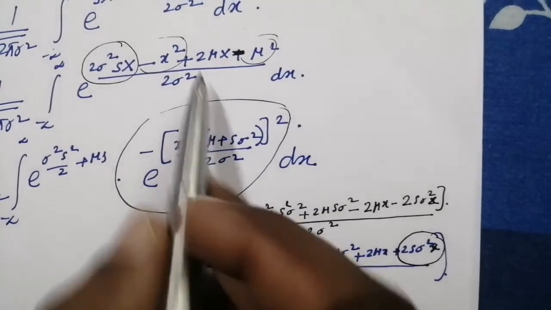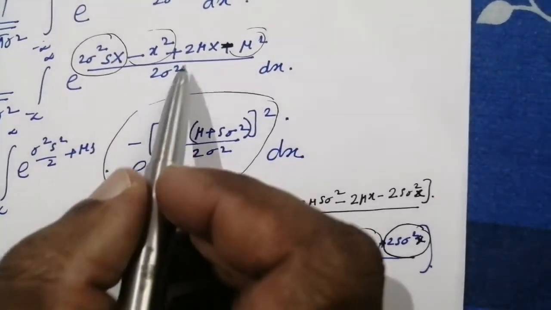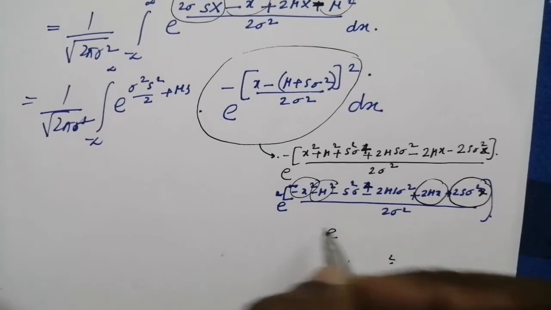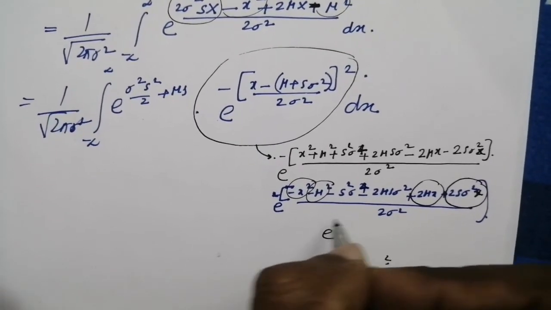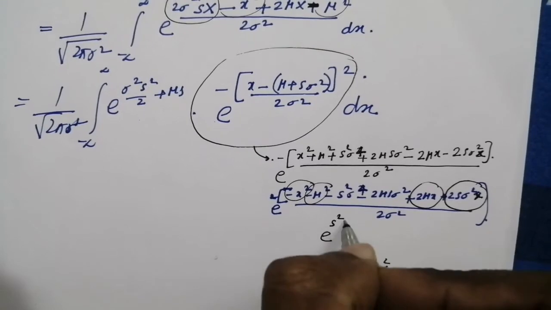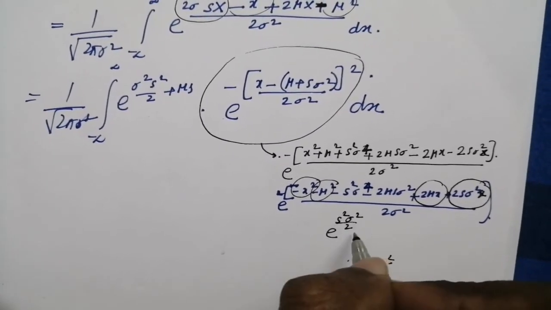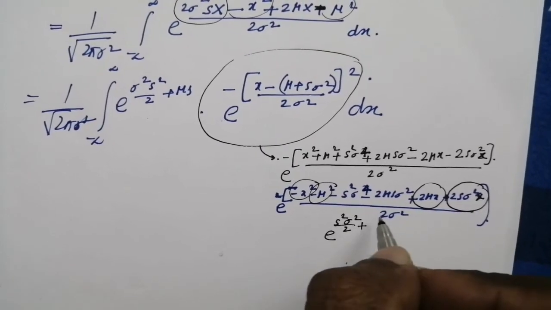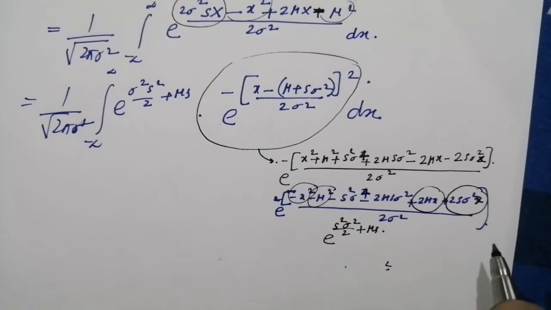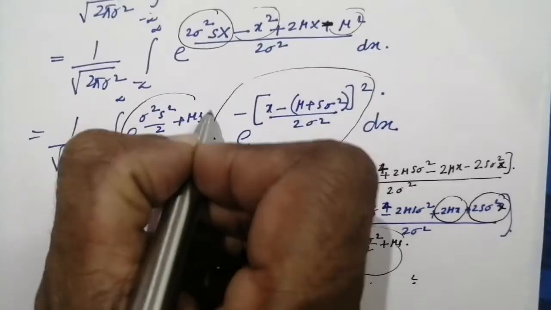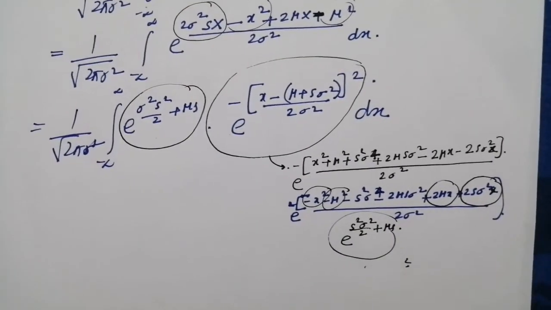Then 2 mu x is also present here. So the terms left will be e raised to s square sigma square by 2 plus mu s. So this is the term we added here in order to cancel these terms.